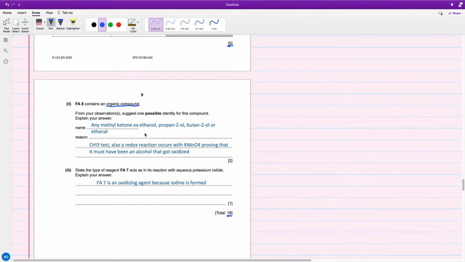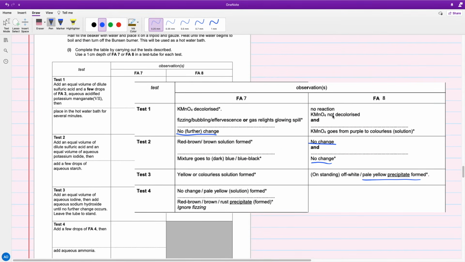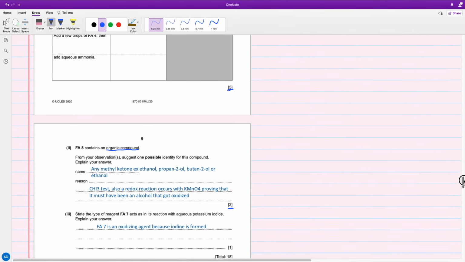And just mentioning all that gives you 1 mark. To get the second mark, you also have to say that there's a redox reaction occurring with the potassium manganate, proving that it must have been an alcohol that got oxidized, right? So if you go back here, the potassium manganate goes from purple to colorless, after heating or placing it in the water bath. So yeah, a redox reaction did occur.